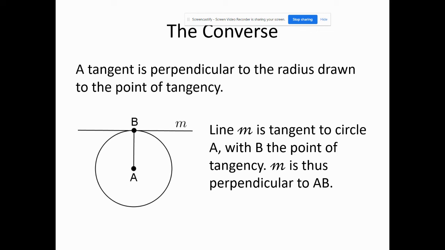And what we will prove is that AB is perpendicular to M. This is another antithetical proof, by which we mean indirect. So we wish to prove that M, the tangent, is perpendicular to AB, the radius. So we assume that it's not.